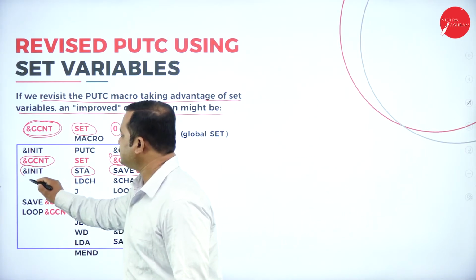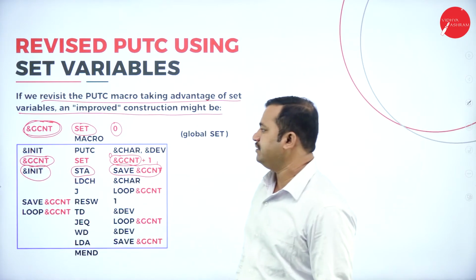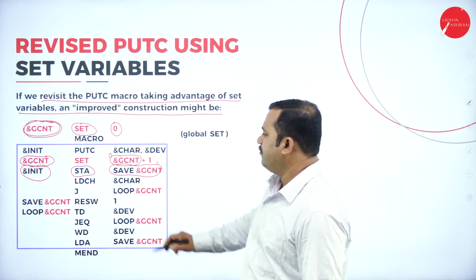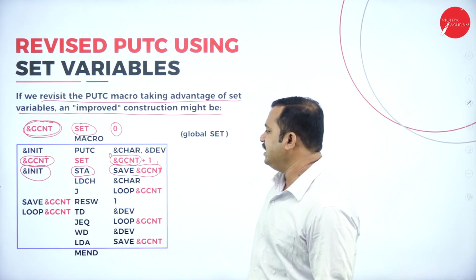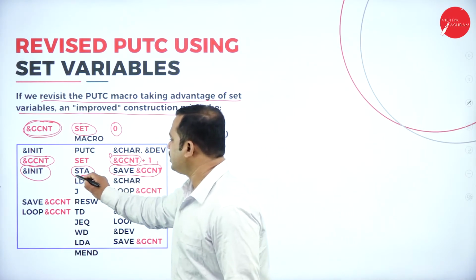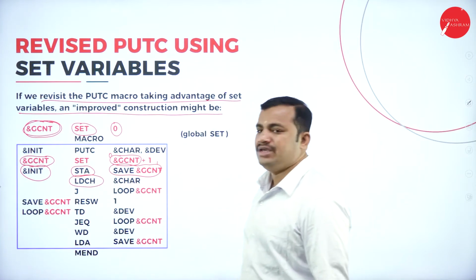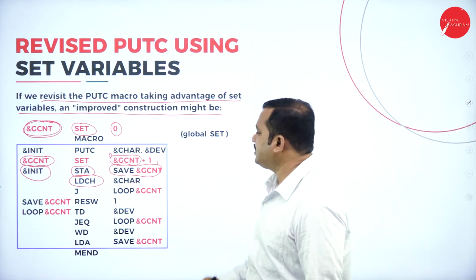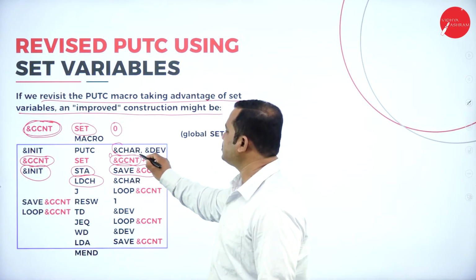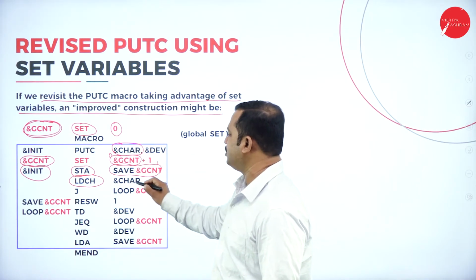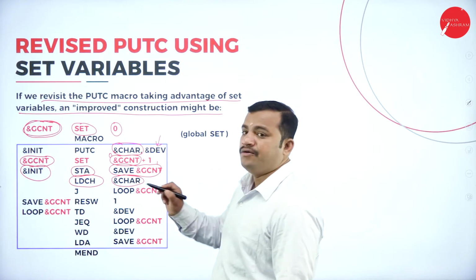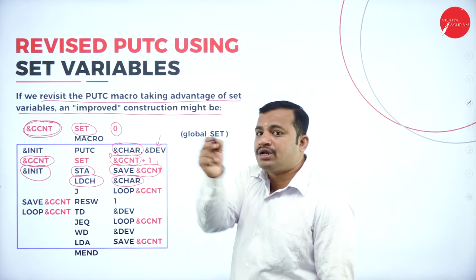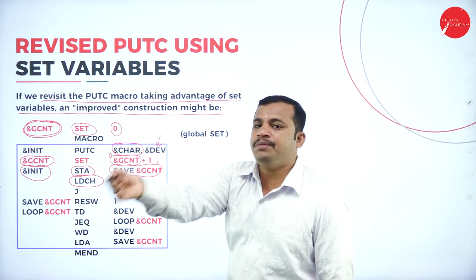We have ampersand INIT here. We have load character, LDCH. The character passed as a parameter to this function is used here, ampersand character, which is the next parameter, from which device I am going to read the character and going to be printed.